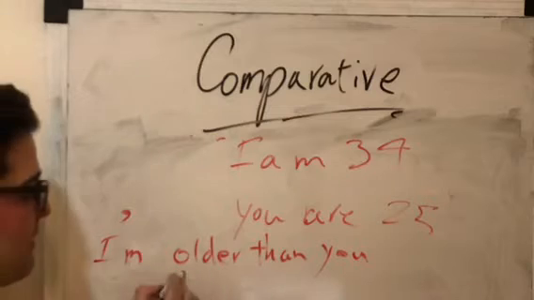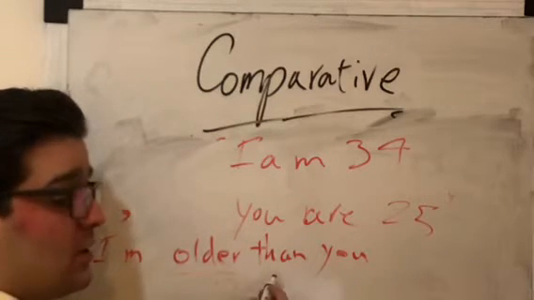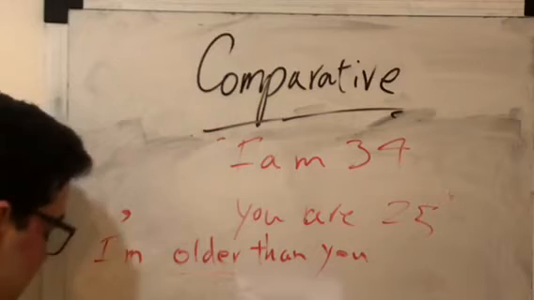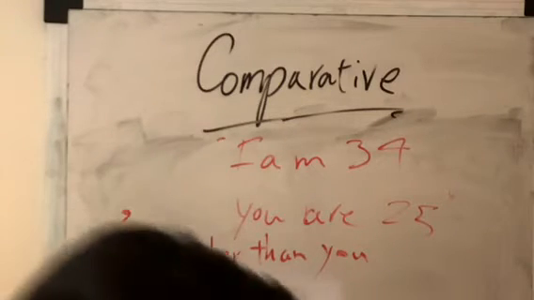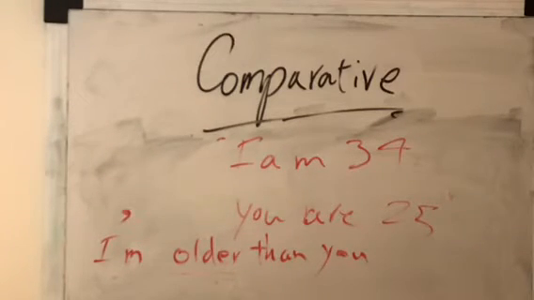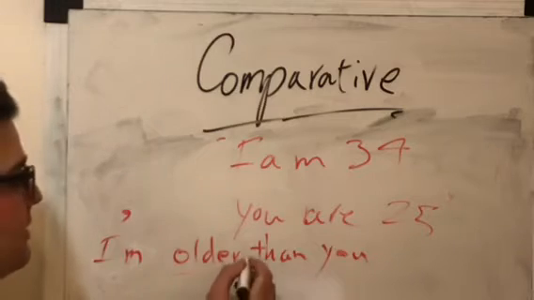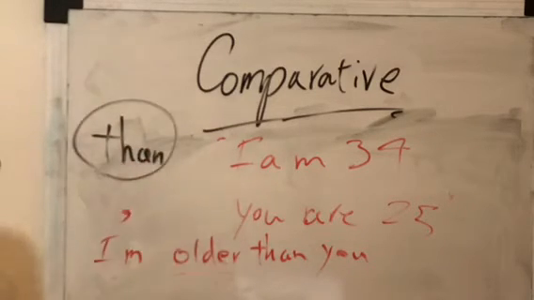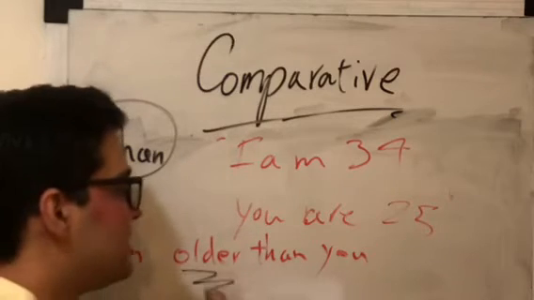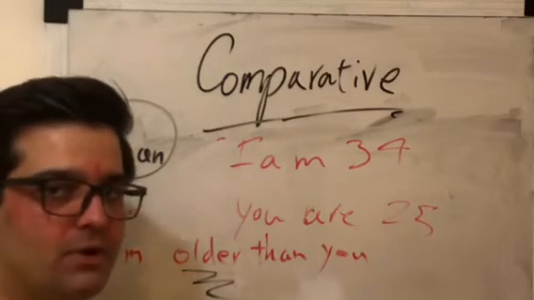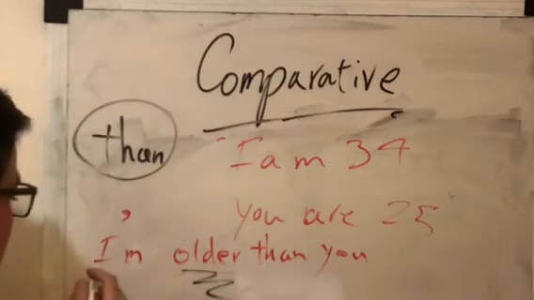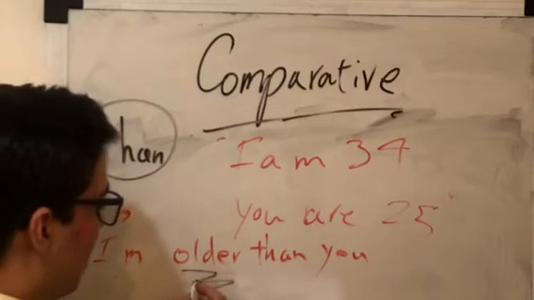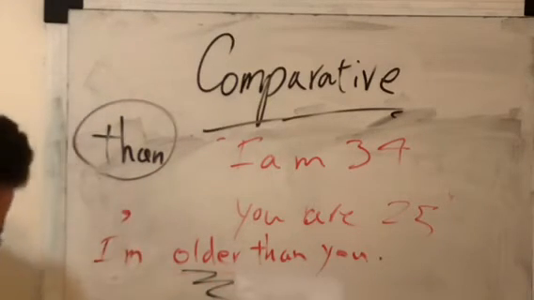So here you can see the comparative adjective. After a comparative adjective it is necessary to add than. You have to add than after a comparative adjective when you want to compare two things or two people. For example, here I'm older than you. Finish.